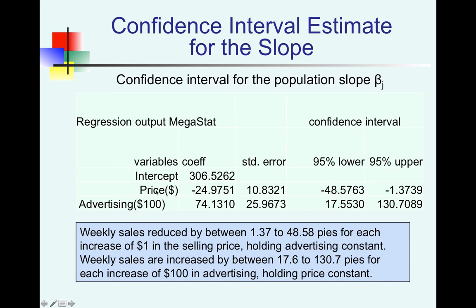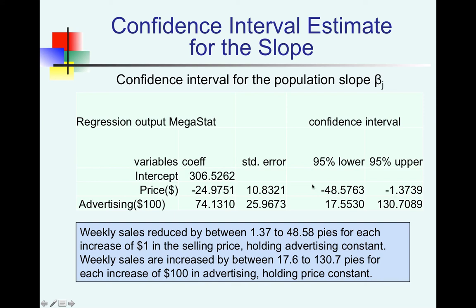So if I increase price by $1, my pie sales will decrease by about 48.5763, or about 49 pies. That's on the low end, and on the high end, with 95% confidence, I'll decrease between 49 pies and 1 pie.